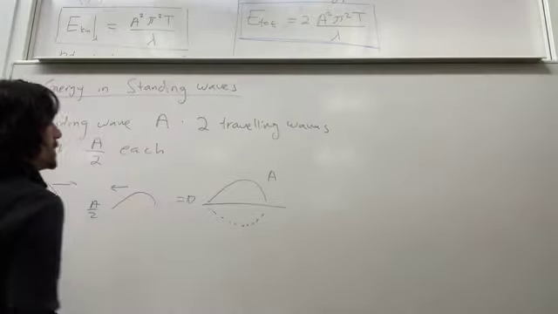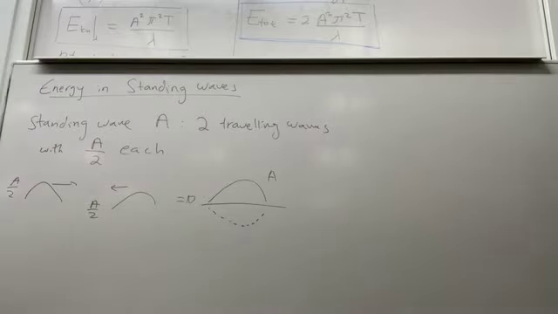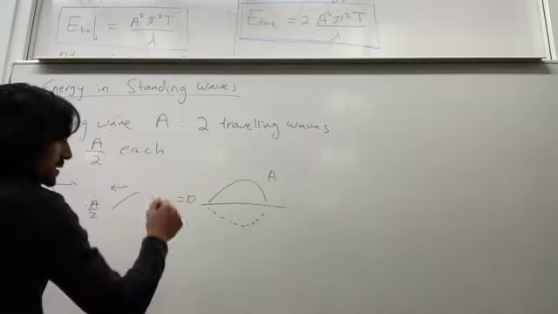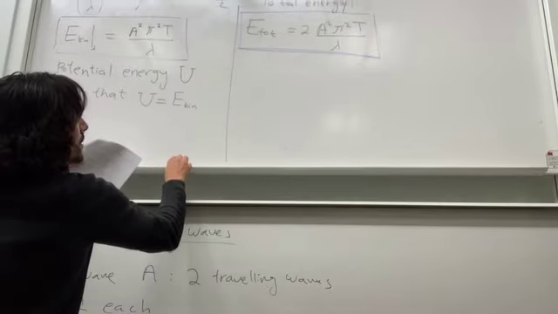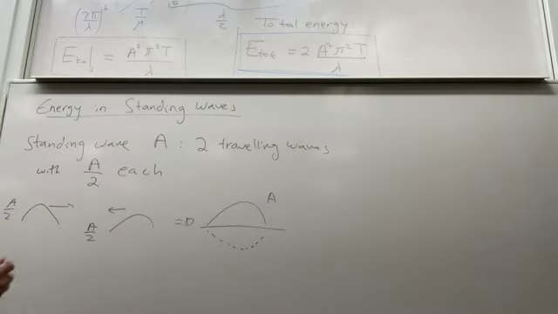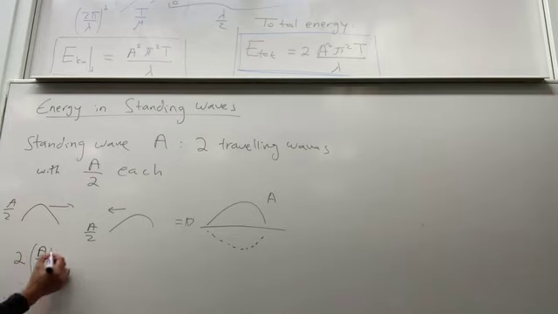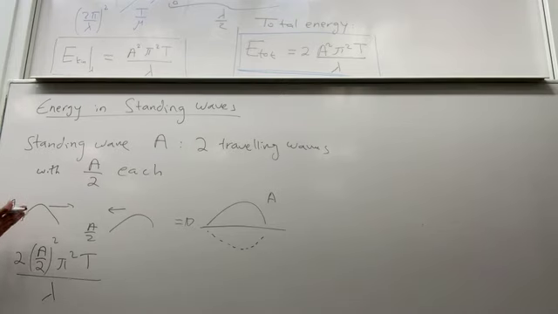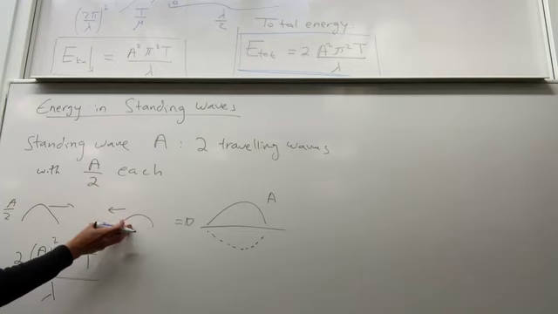What is the energy of a traveling wave with an amplitude of A over 2? You can still see it there. This is the energy. So the energy of one traveling wave would be 2 times now A over 2, not A, power 2, pi squared times t divided by lambda. But we have two waves. Half of the energy comes from this wave and half from that wave.